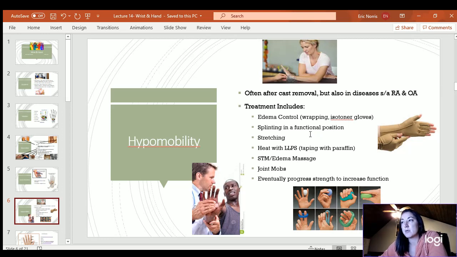Stretching is important for the hand. There's various stretches you can do for the fingers, thumbs, and wrist all together. If you were wanting to do a low load prolonged stretch, one of the ways you could do that with a hand without just having to sit there and hold it forever is you could actually take the hand in a certain position and then put them in paraffin.